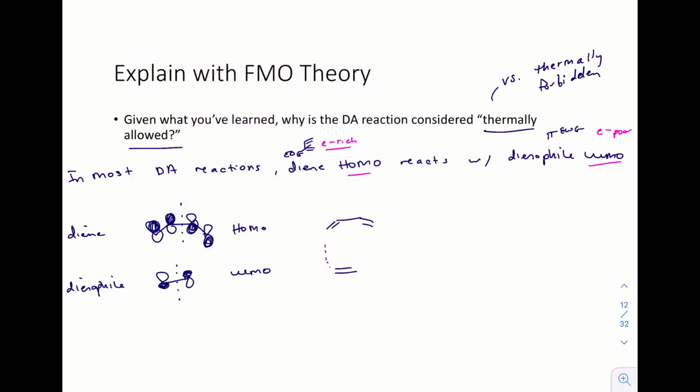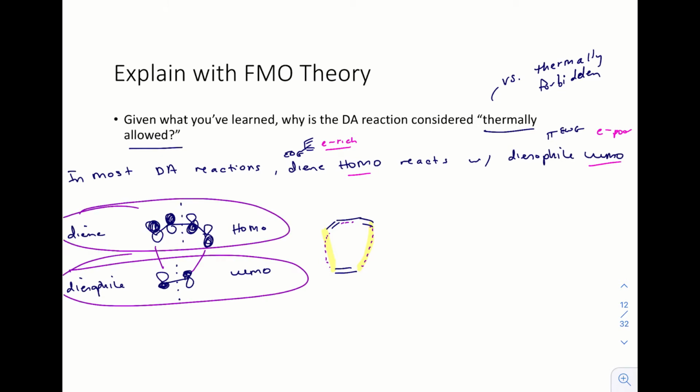Recall the cyclic transition state for the Diels-Alder reaction, where the bond between one end of the diene and one of the carbons of the dienophile is made at the same time as the other bond between the other end of the diene and the other carbon of the dienophile. We can see that the orbitals interact in phase, so shaded lobe and shaded lobe on both sides, unshaded lobe, between the diene HOMO and the dienophile LUMO.